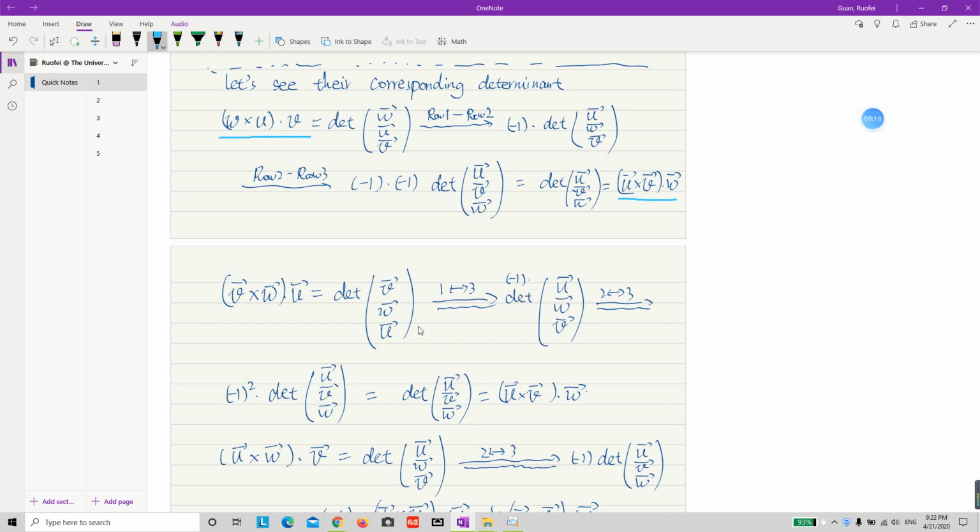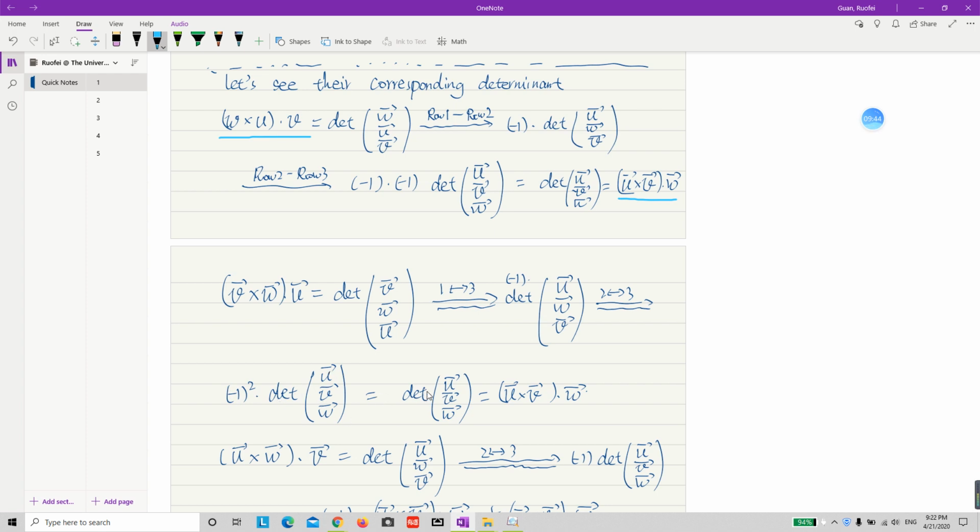We get UWV, and we have 2 times minus 1 here. And then we exchange row 2 and row 3. We get UVW. Then we need to multiply another minus 1 here, so it is minus 1 to the power 2 times determinant UVW.